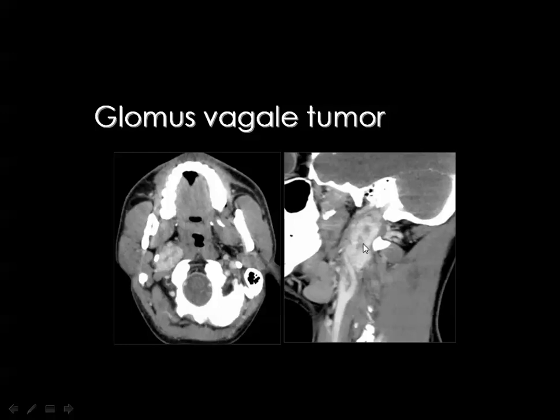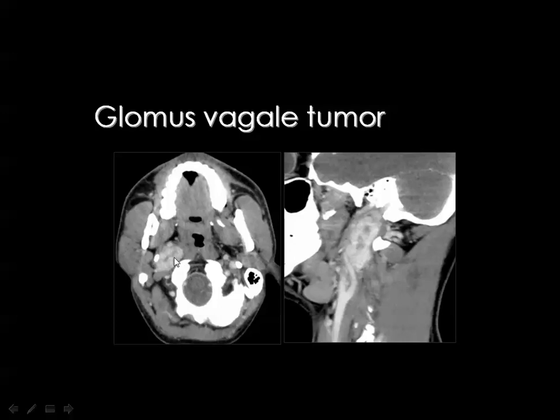Glomus vagal will displace the internal and the external carotid arteries anteriorly, but the carotid body tumor will be located between the bifurcation of the common carotid artery. And this is a classic appearance of glomus vagal tumor displacing the internal and external carotid arteries anteriorly.